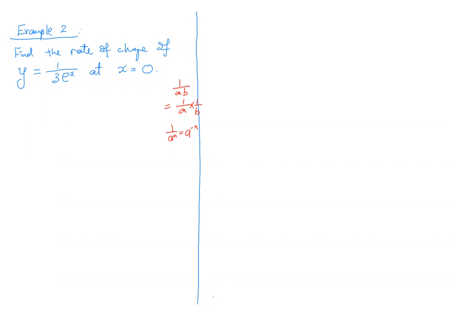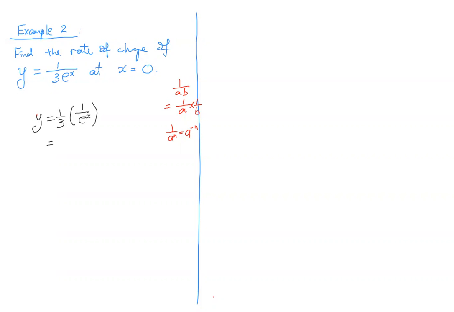Okay, Kiko. How to rewrite this? 1 over 3 times 1 over e to the power x. So next step, you substitute 0.